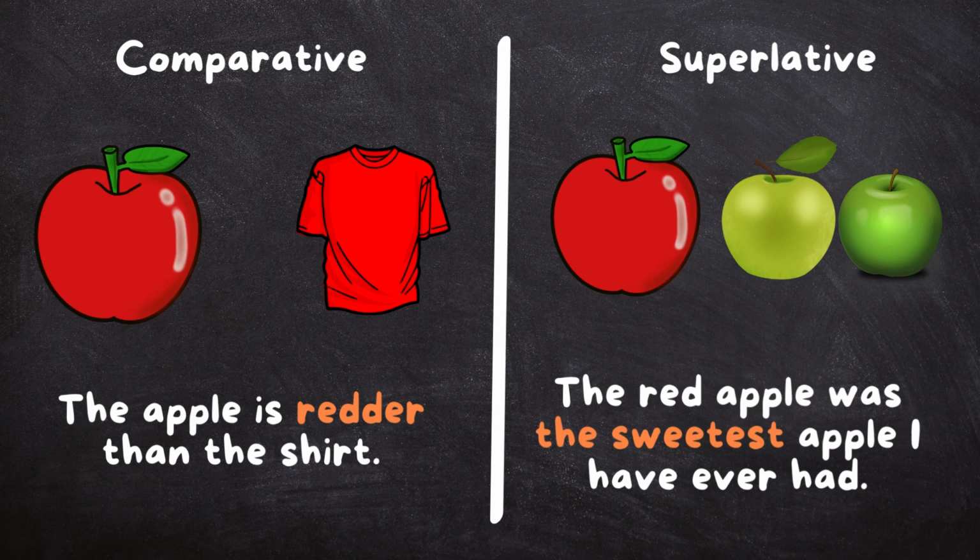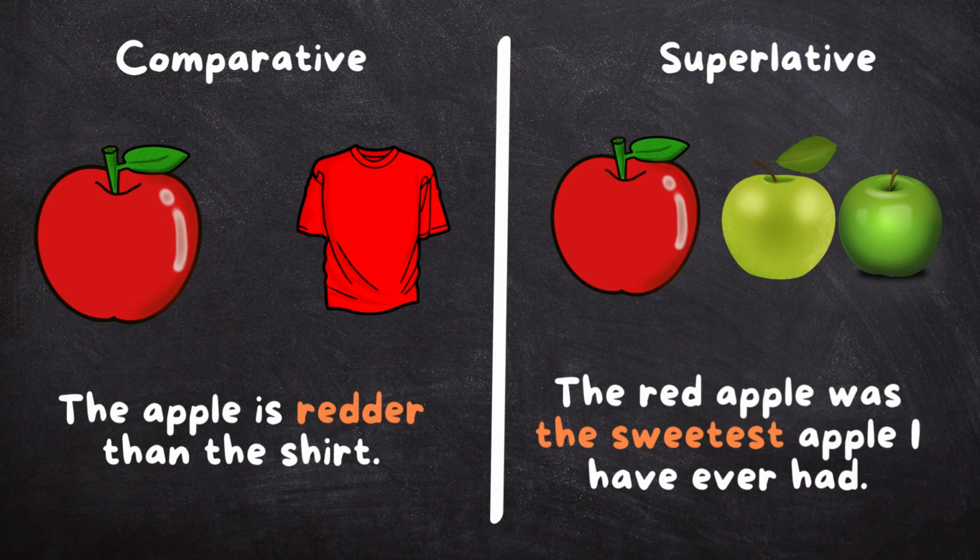Now, we are comparing just two nouns to see how red they are from each other in the first example, that is the comparative one. But in the superlative form, we are showing how the red apple differs from all other kinds of apples we have ever had, that being the sweetest.